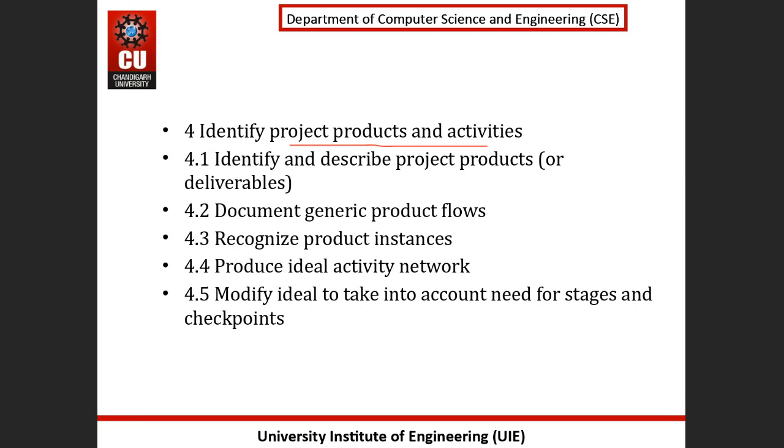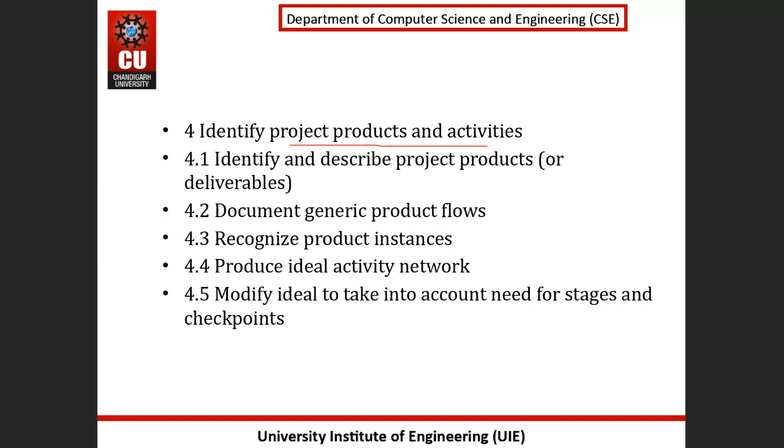If we are doing something, that means we perform some activities. If there is no product, then there are no activities. So wherever possible, we also ensure the reverse. We can say if there is no activity, then there is no product.